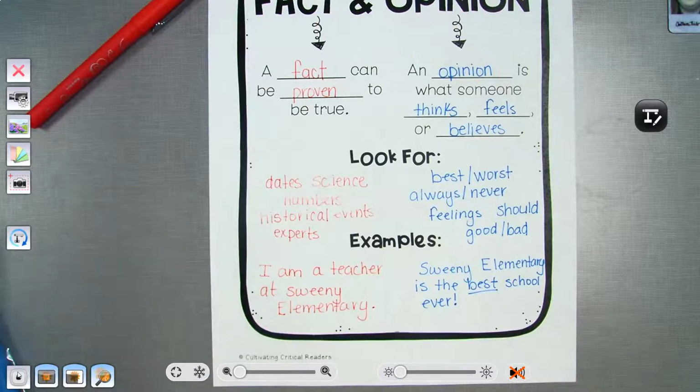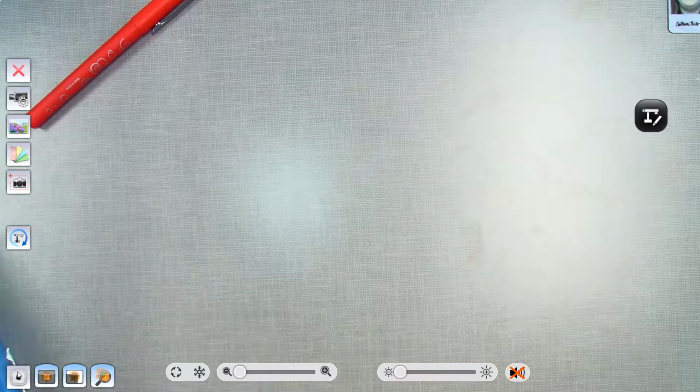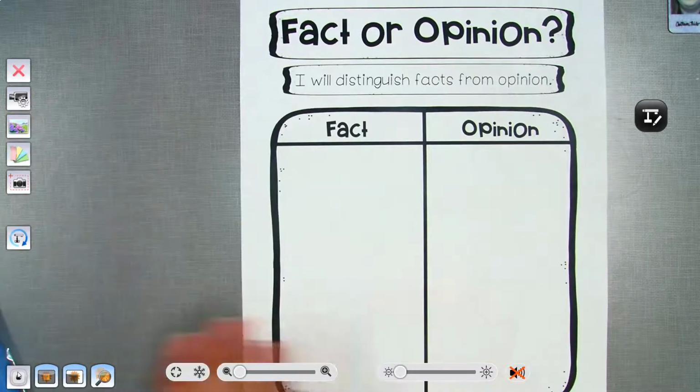So this next handout you do not have, okay? Fact or opinion, I will distinguish facts from opinion.